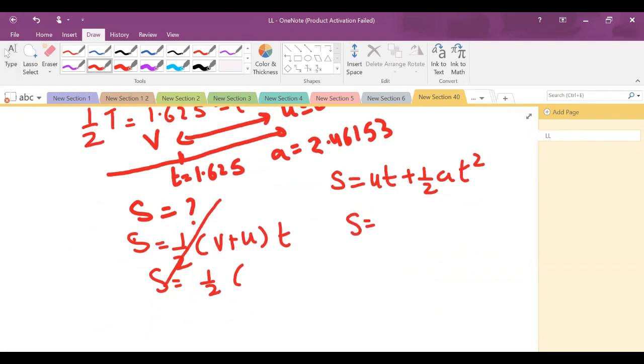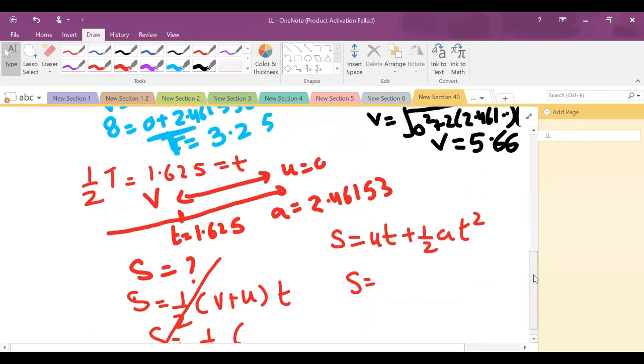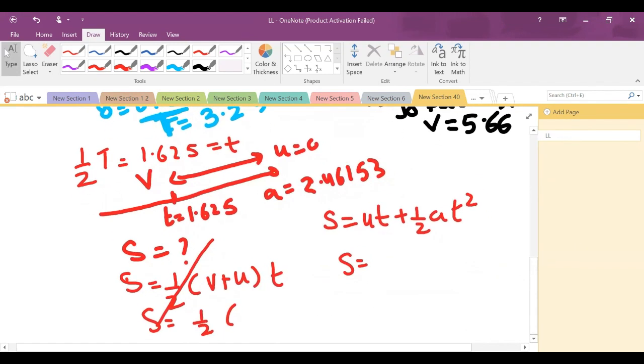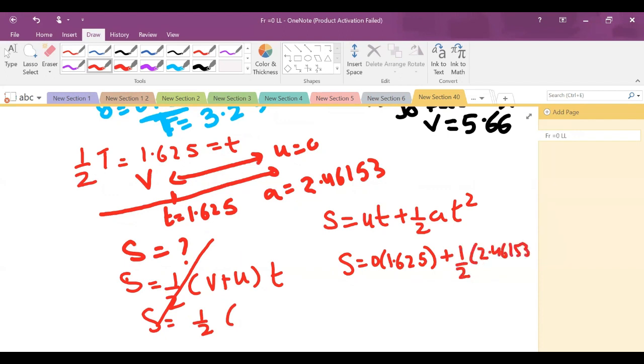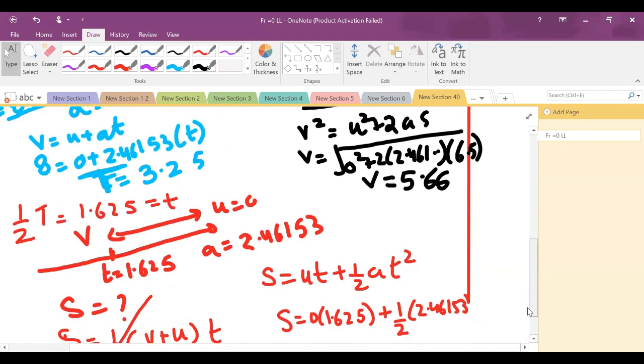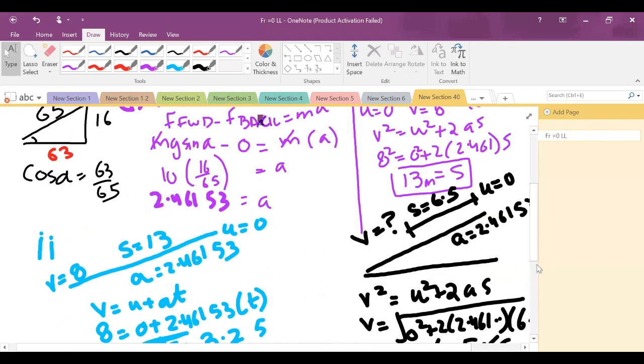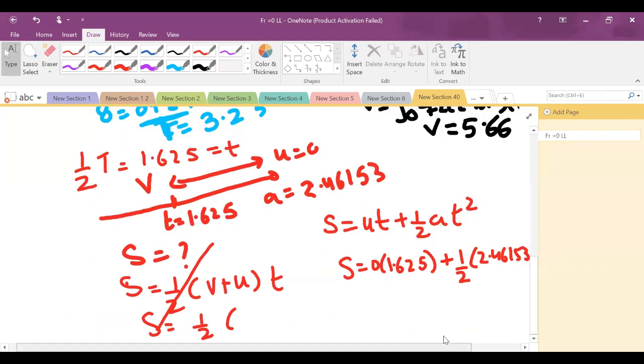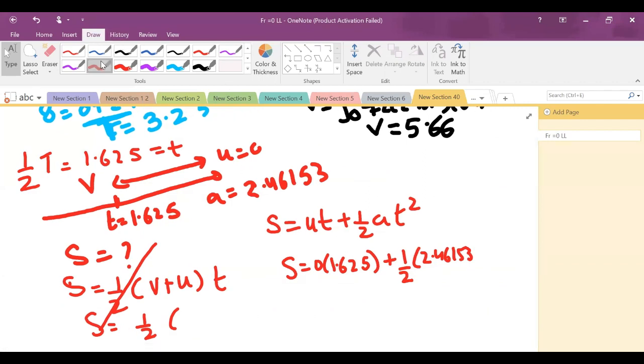So s is equals to u was 0, 0 times 1.625 plus half. A is 2.46153 times t squared, t आया 1.625 squared.